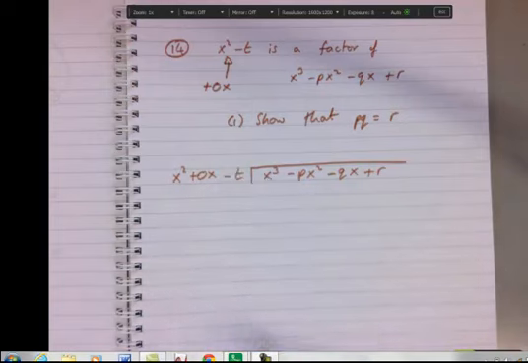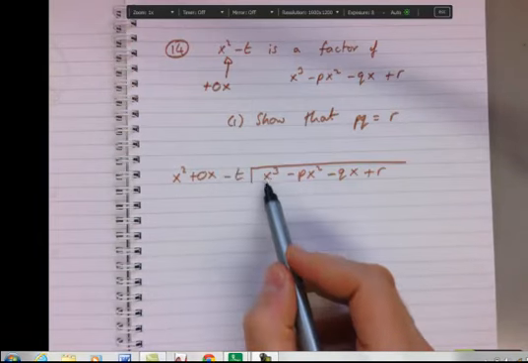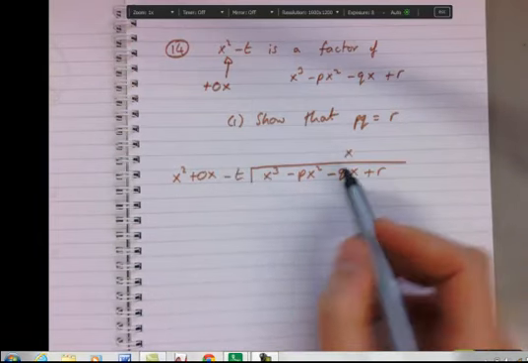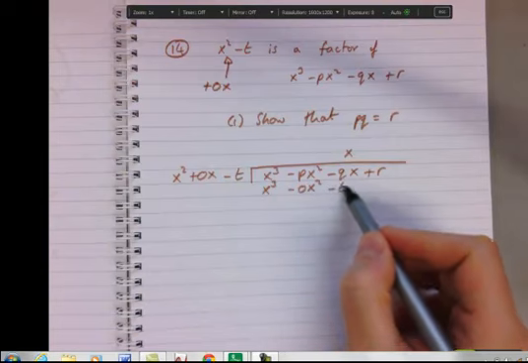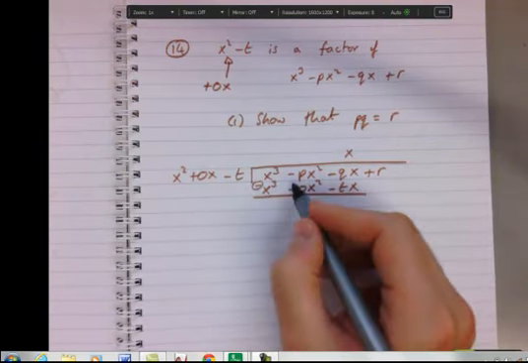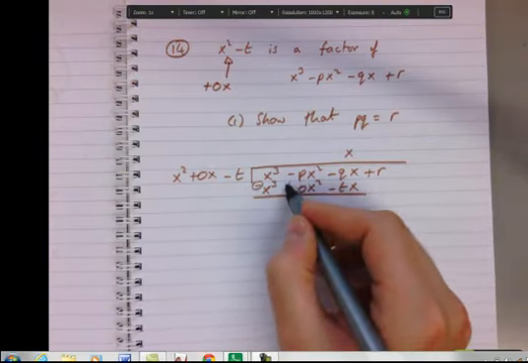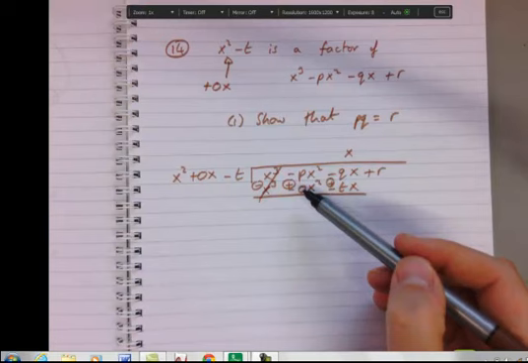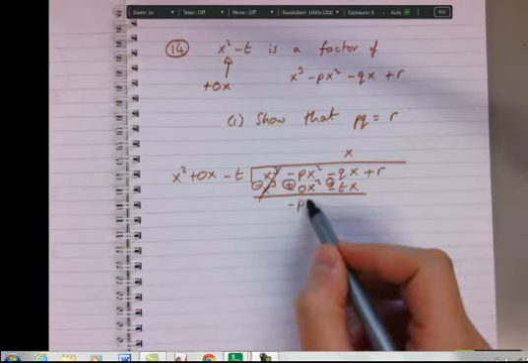t. So x squared into x cubed, that's going to give me an x, so I'll have my x cubed minus 0x squared minus tx. And I'm going to draw the line and I'm going to change all the signs there, so plus, plus, they'll cancel for me. Minus p plus 0, so that's minus px squared.